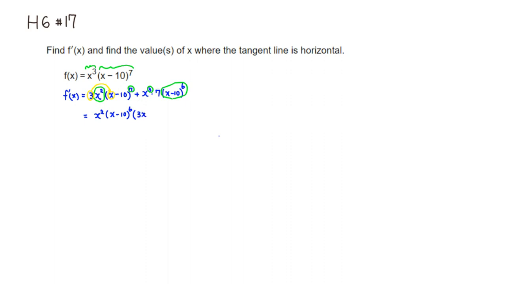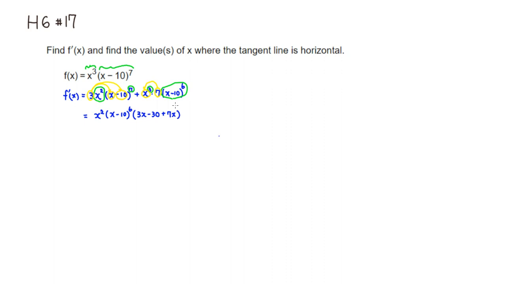Then 3 is distributed to negative 10, so it's going to be negative 30. Then there's a 7 distributed to this leftover x there. So that's just going to be 7x, so plus 7x.